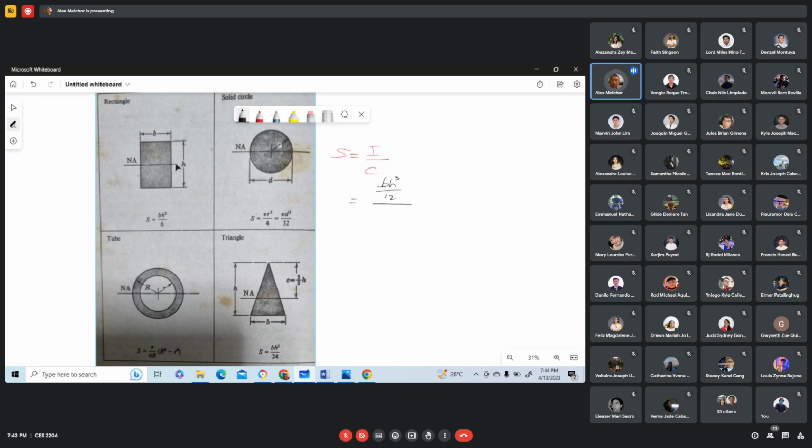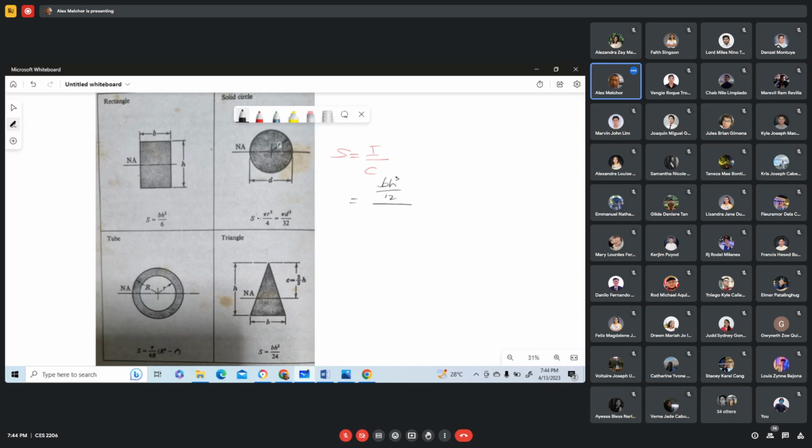Okay, so again, this is an axis of symmetry. So the distance to the farthest fiber is the same as the distance below to the lowermost fiber from the neutral axis. So this distance is the same as that distance.